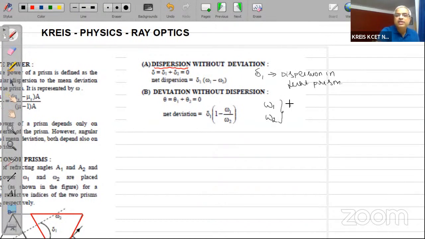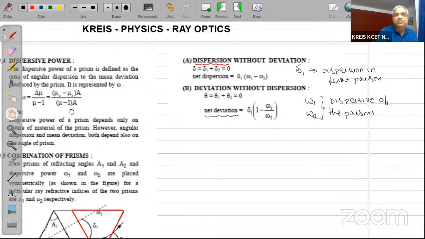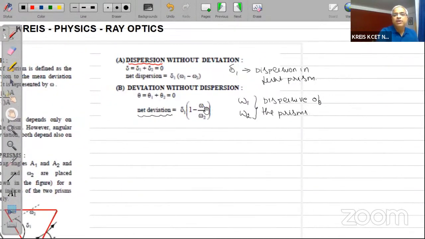These are the dispersive powers of the two prisms. So I can write down the net deviation here to be equal to delta 1. Delta 1, you all know what the expression is. We have already looked at delta 1. So delta 1 into 1 minus omega 1 by omega 2.